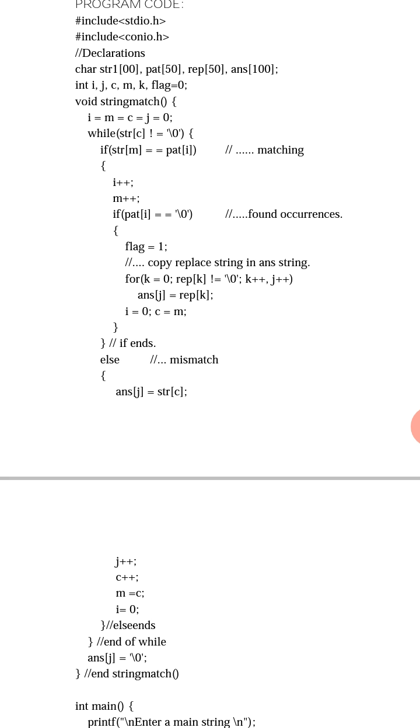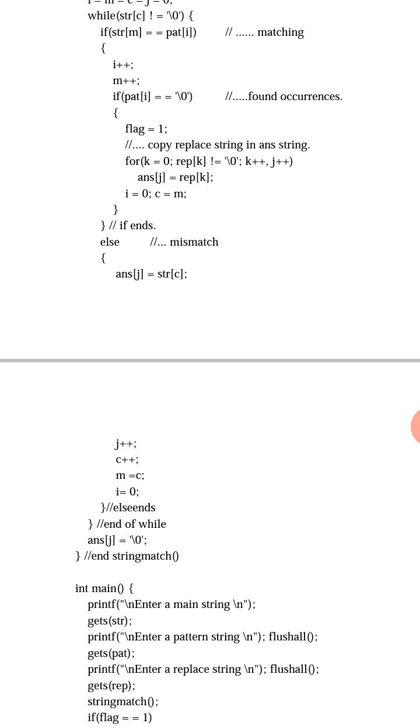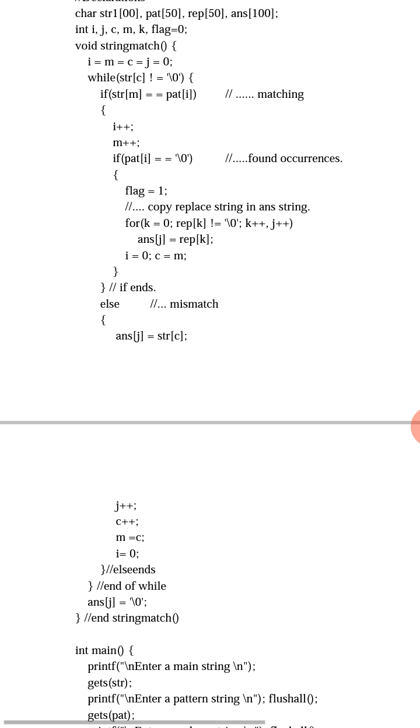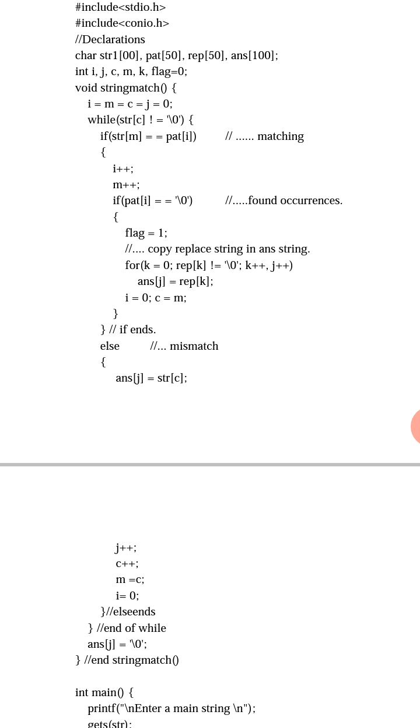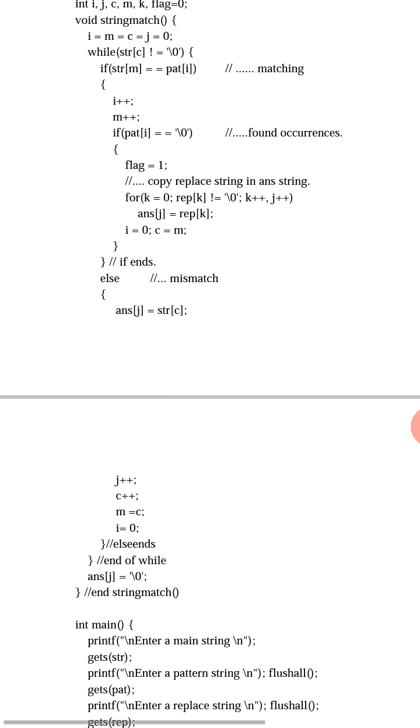Wherever the main string content and pattern string content are not the same, in that case you are directly copying the main string to the answer string. So this is the main logic behind your search and replace.